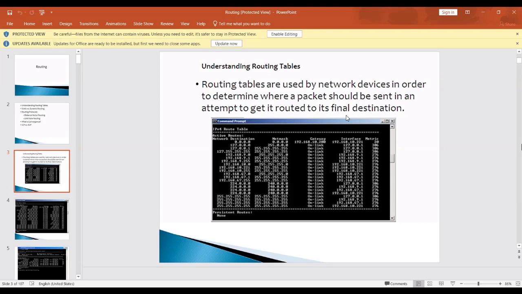Routing means there's a routing table, and this routing table is used by network devices to determine where a packet should be sent. That is the main purpose of the concept called routing, right?